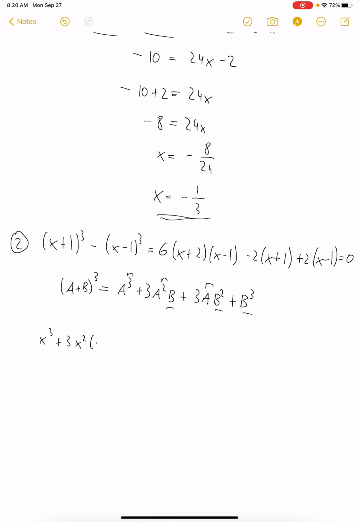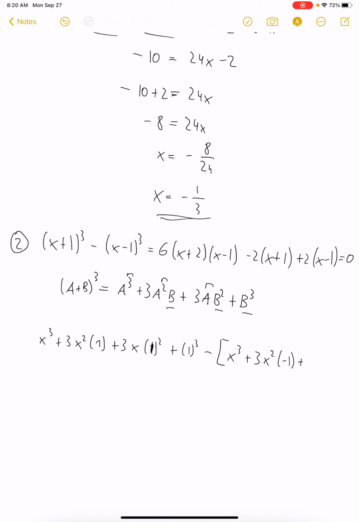So using this formula for the problem, we can say that (x plus 1) cubed is x cubed plus 3x squared times 1 plus 3x times 1 squared plus 1 cubed, and then we have minus, and we will write (x minus 1) cubed. So this is x cubed plus 3 times x squared times b, which is minus 1.